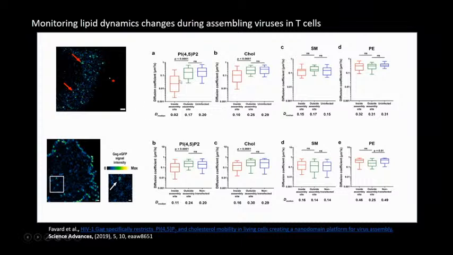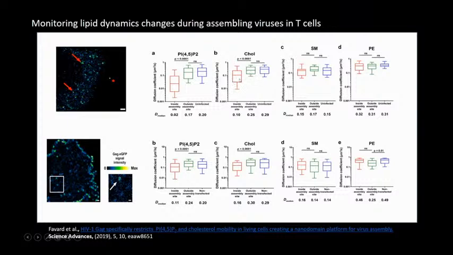Interestingly, we could observe, on either infected cells or transfected cells, a strong decrease of the diffusion of PIP2 when the PIP2 is located in the area of the assembly of the virus.